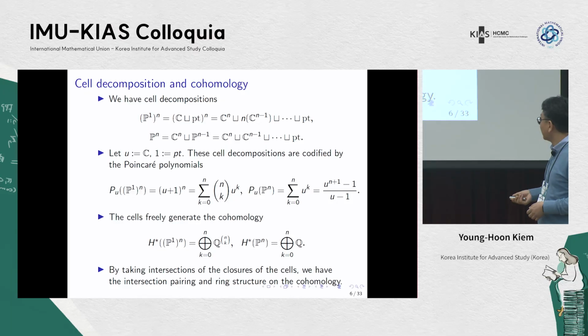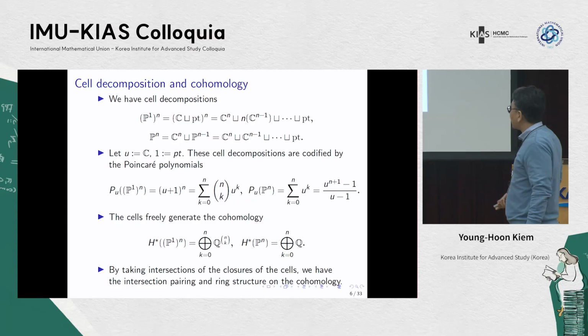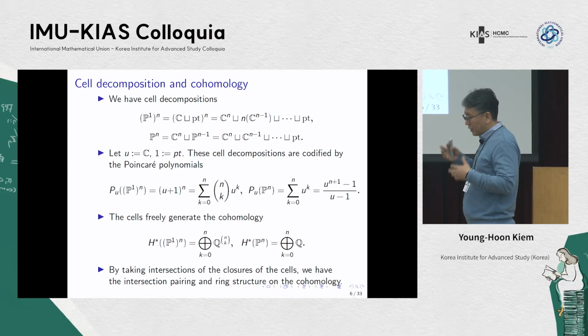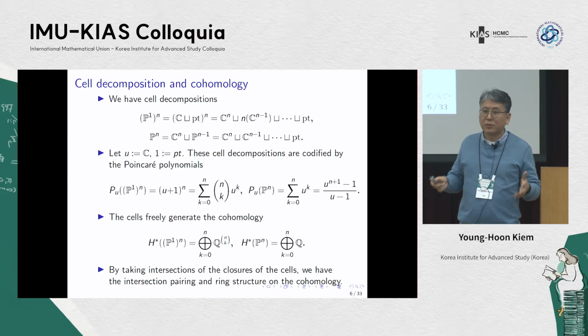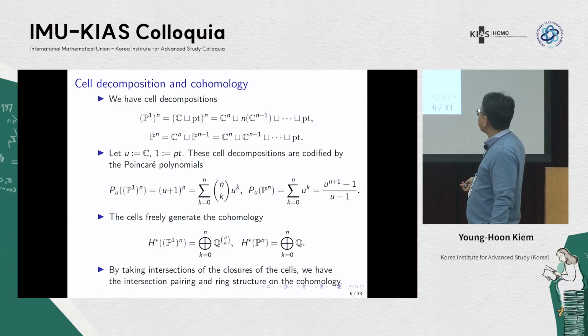It gives us a ring structure on the cohomology. These vector spaces, the cohomology, are something that people usually want to understand, because the cohomology contains a lot of information about the moduli space itself.